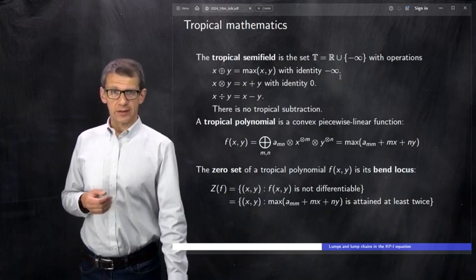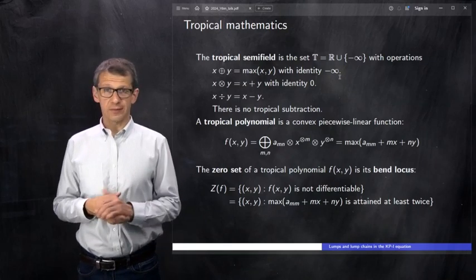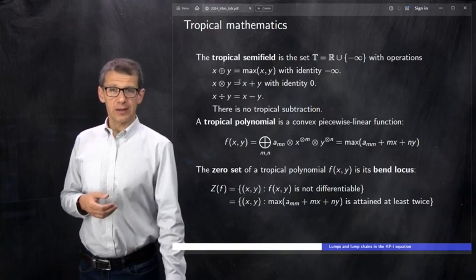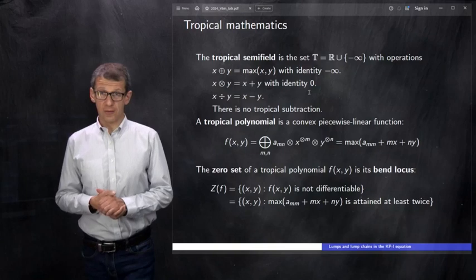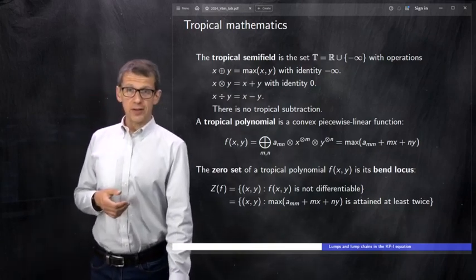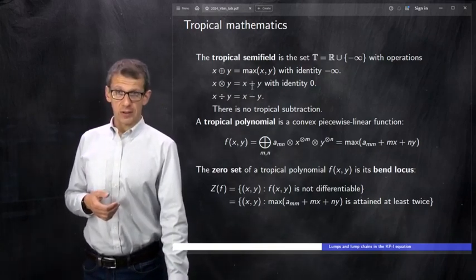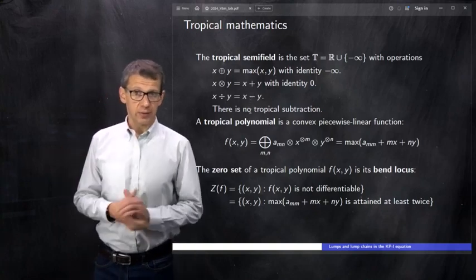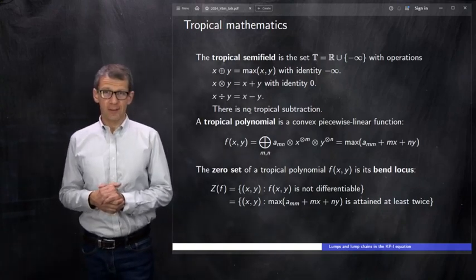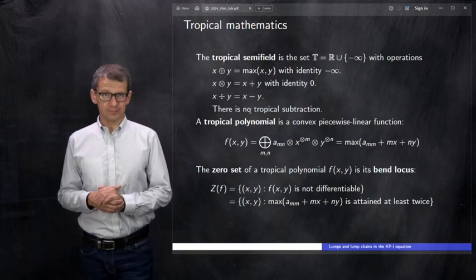So -infinity is obviously the identity element for this operation. When we multiply two numbers, we instead add them, and so of course 0 is the identity element for this operation. There is tropical division, which is the opposite of tropical multiplication, that is to say, regular subtraction, but there's no such thing as tropical subtraction, which of course makes life somewhat difficult.